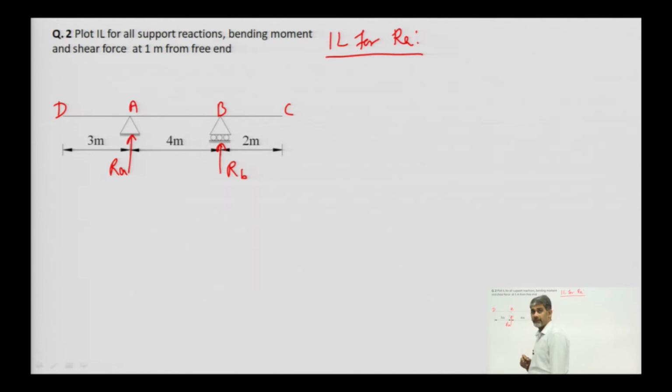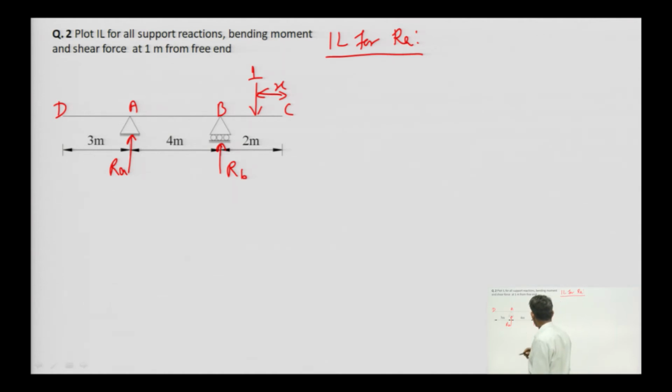Here we need to consider 3 segments: BC, BA and DA, and we will put the unit load one by one and we will calculate the reactions.